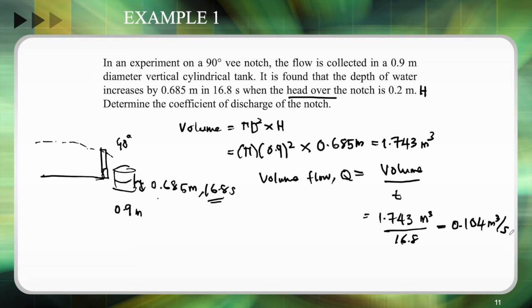This discharge represents the actual discharge because we collected that water coming from the V notch. Then we have to determine the coefficient of discharge.